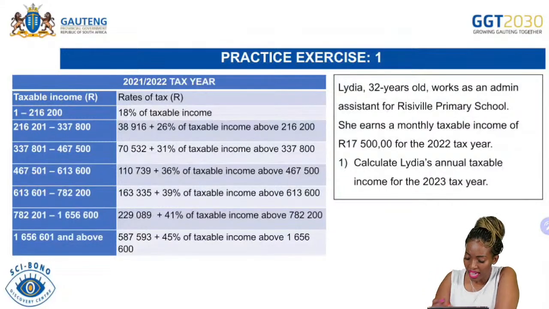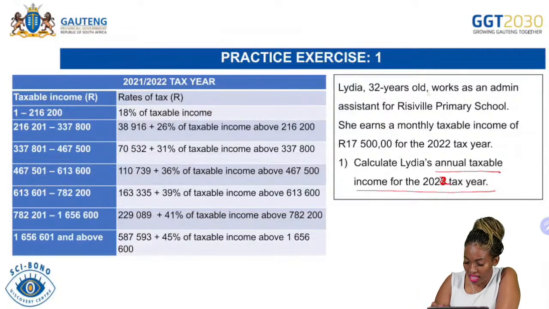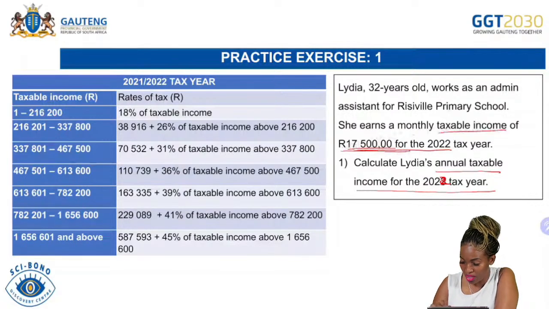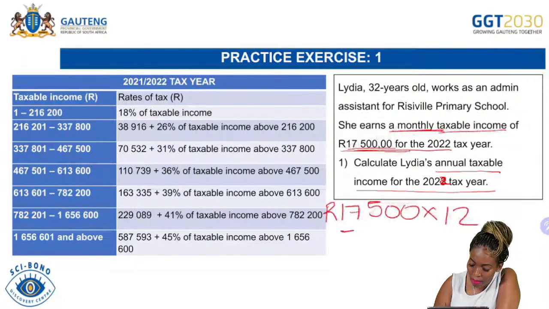Number 1, calculate Lydia's annual taxable income for the 2022 tax year. Remember, what did they give us? They gave us the monthly taxable income. So to convert from monthly to per annum, we say 17,500 multiplied by 12.